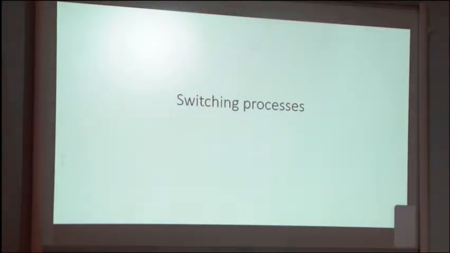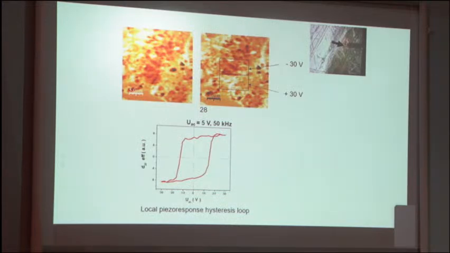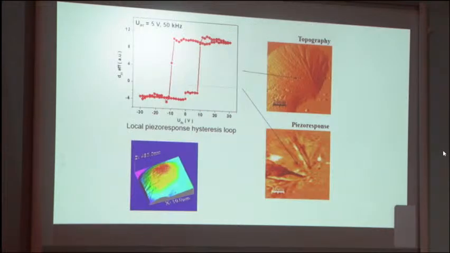This is a more oriented crystal. An interesting effect we found in these glycine microcrystals is ferroelectric switching. And here is the hysteresis loop. It's possible to see the contrast change after applying voltage. This is a local hysteresis loop. It's not macroscopic. As I'm saying, all our measurements are local, and the hysteresis loop and piezo response are local.